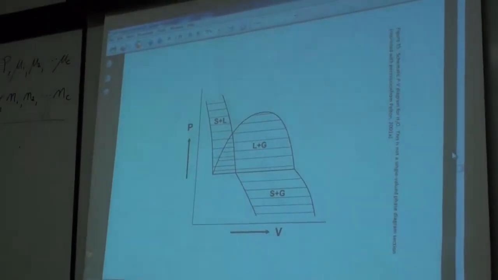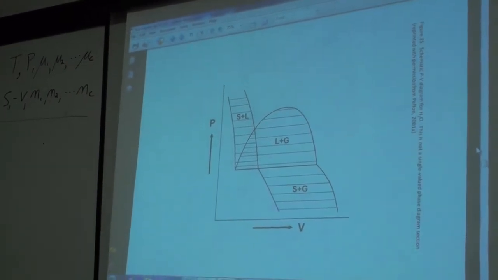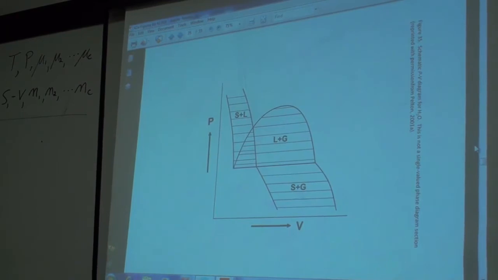This is water, H2O, a pressure volume diagram for water. So this is the phase schematic, but that's what it looks like. And at this point here, for example, you have two phase regions which overlap. There are two solutions. Here you could have a liquid in equilibrium with a gas, or you could have a solid in equilibrium with a liquid, because they're different temperatures.